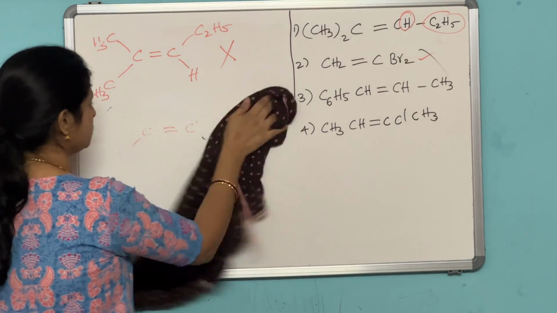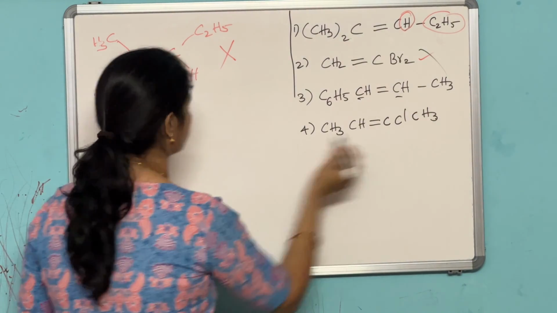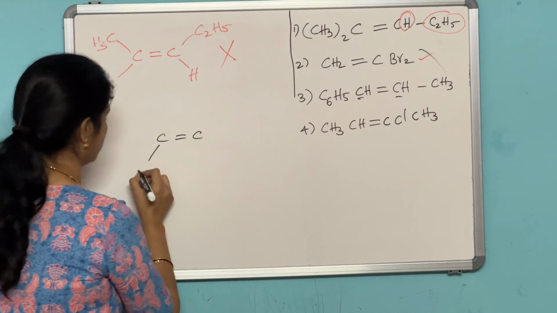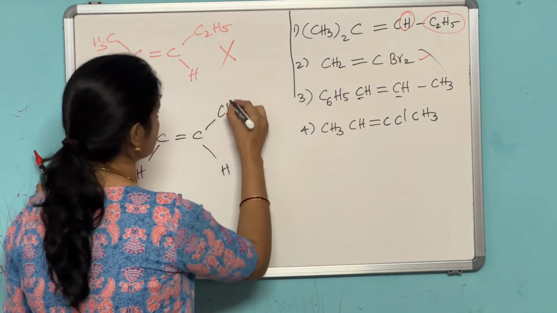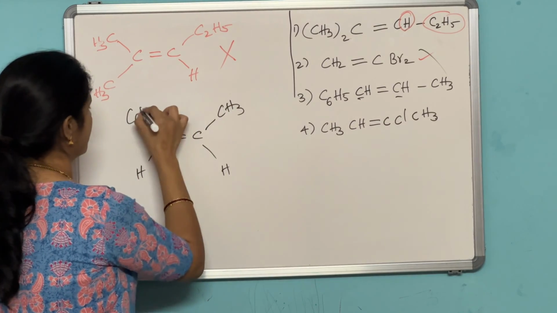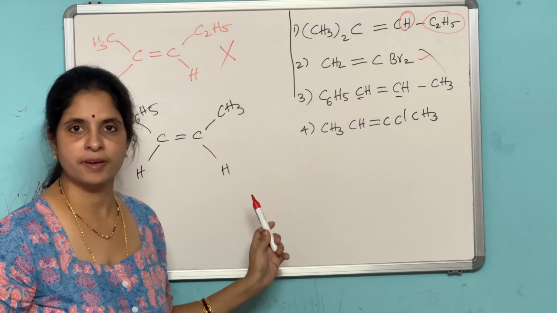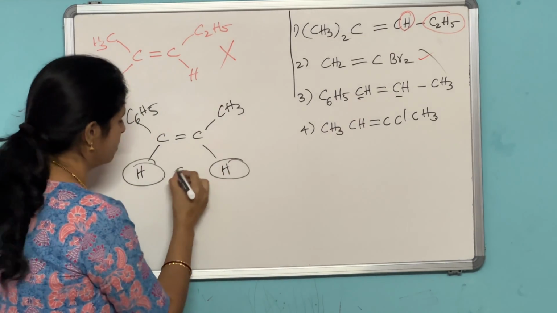Now, look at the third one. You look for the two carbon atoms, two hydrogens, okay, two hydrogens for two carbons. So CH3, C6H5. Will it exhibit geometrical isomerism? Yes, because same atoms present, same side.